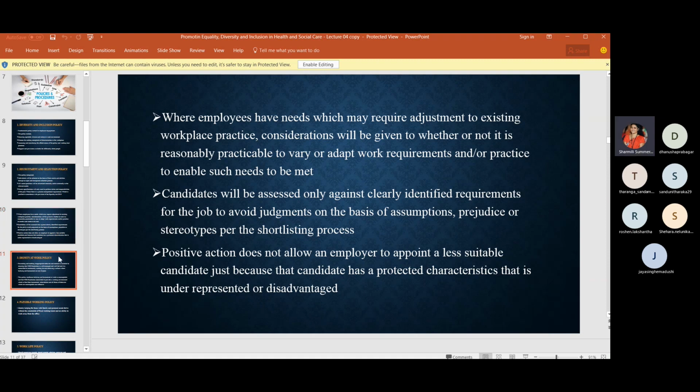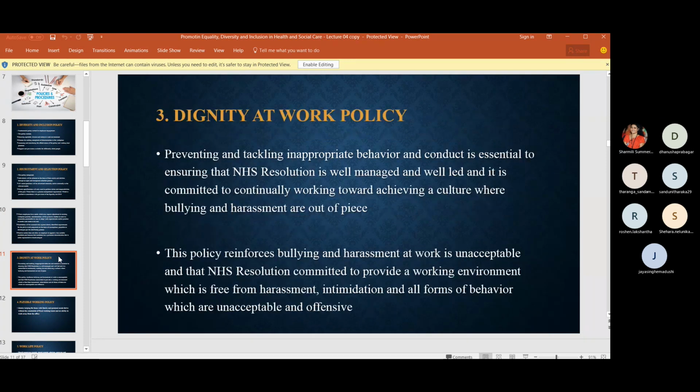So the third one is the dignity at work policy. Dignity at work policy means regarding bullying and harassment, dignity and respect at the work policy. Whether it is an employee, a co-worker or the employer, each and everyone engaged in a particular institution needs to be treated with respect and dignity.